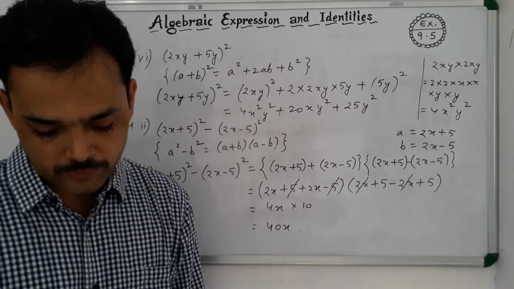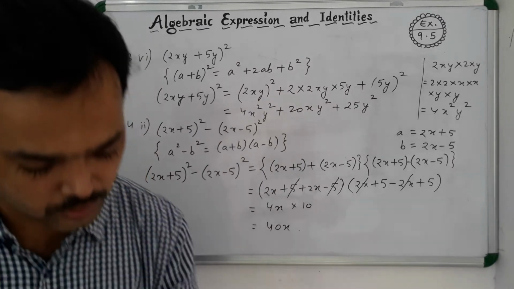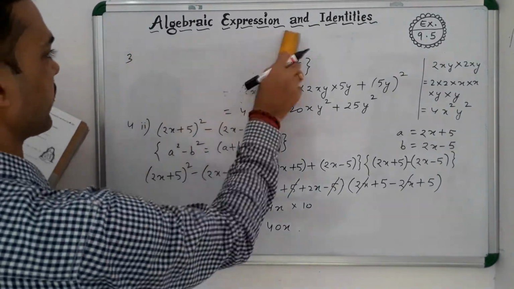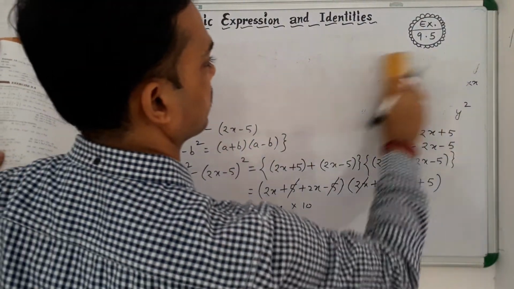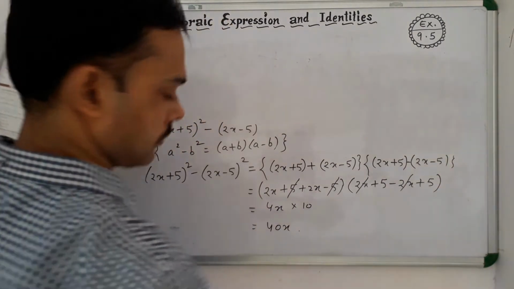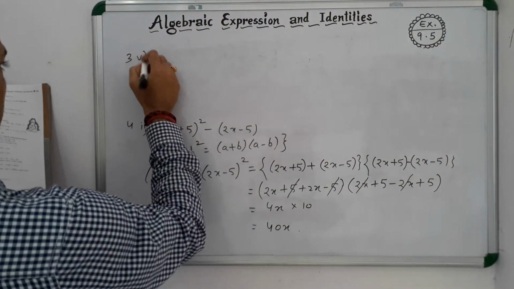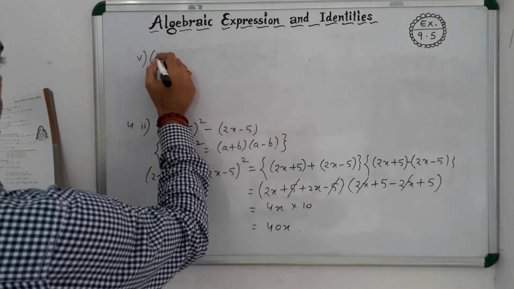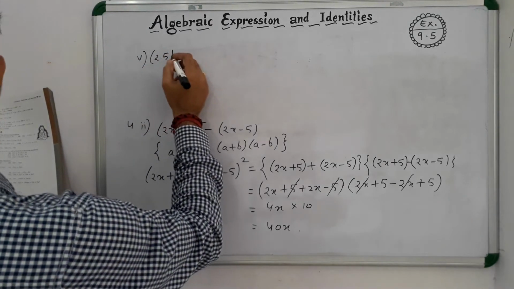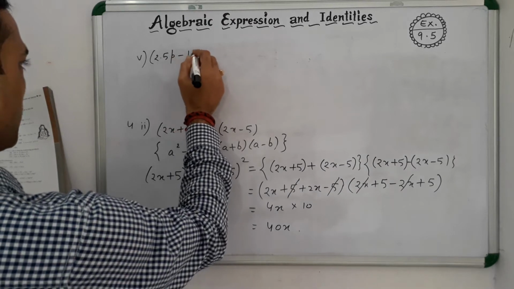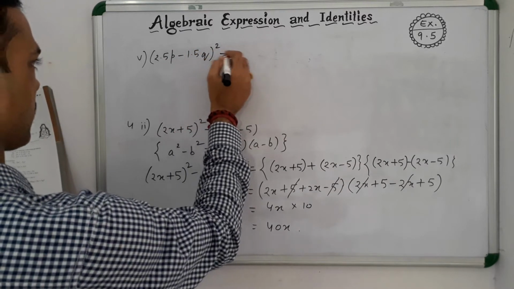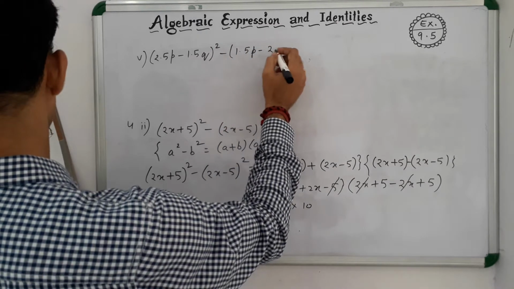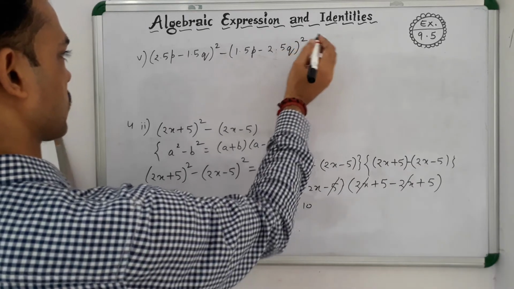Okay. Then in this question number 4, next let us do question number 4, fifth part. It is (2.5p minus 1.5q) whole square minus (1.5p minus 2.5q) whole square.